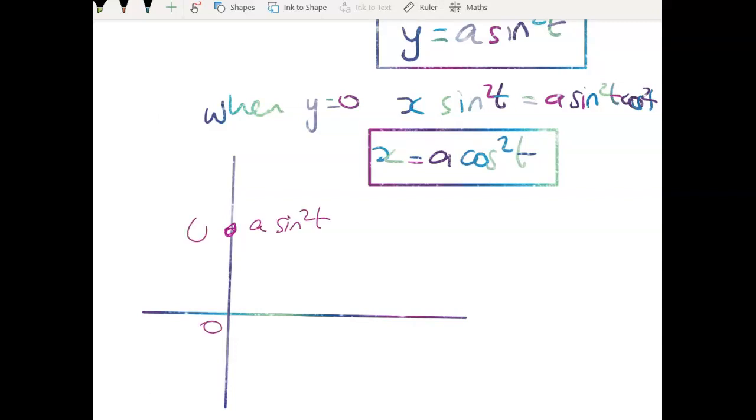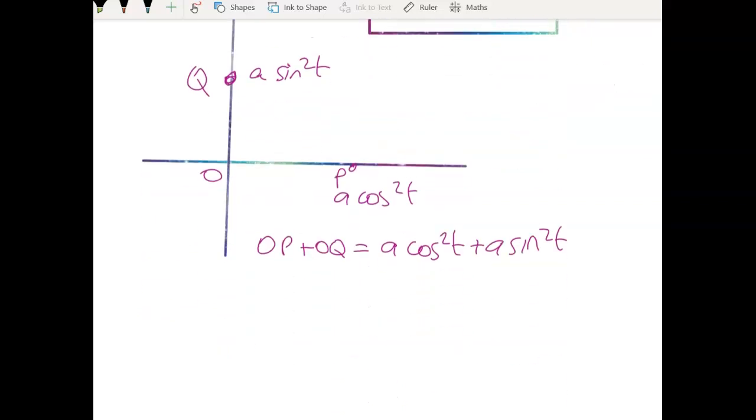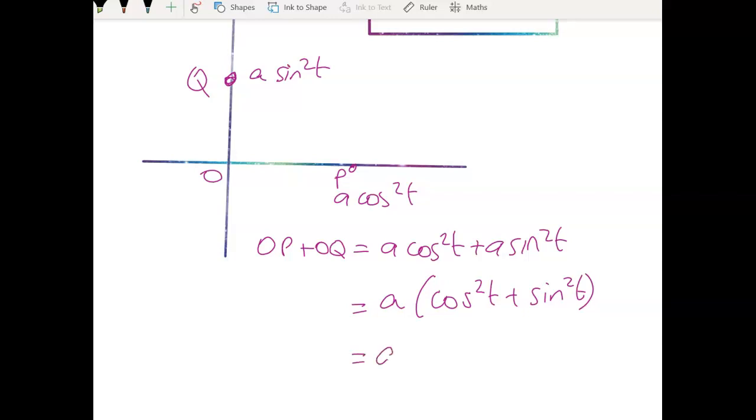So this is O, and this is Q. P is down here at a cos squared of t. So OP plus OQ is equal to a cos squared t plus a sine squared t, which is equal to a times cos squared t plus sine squared of t, which is simply equal to a.